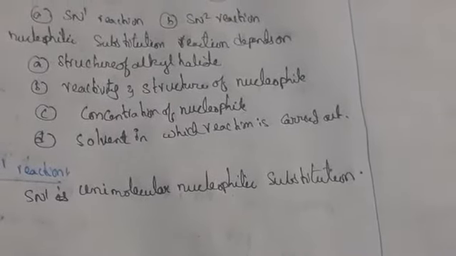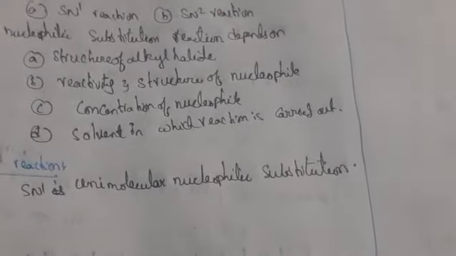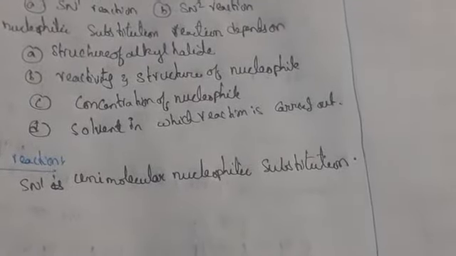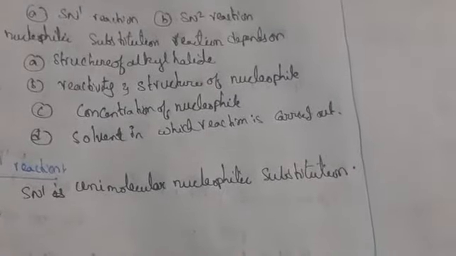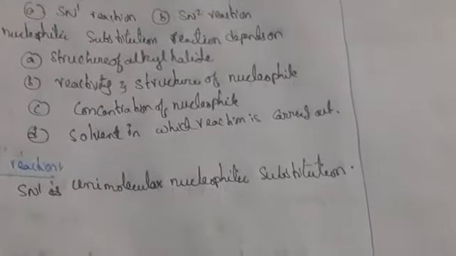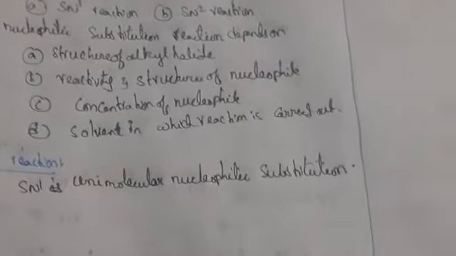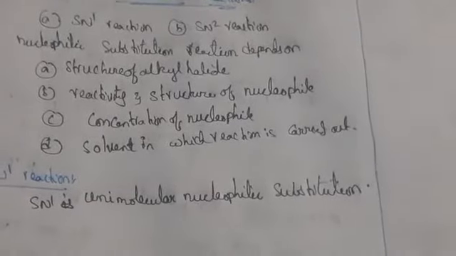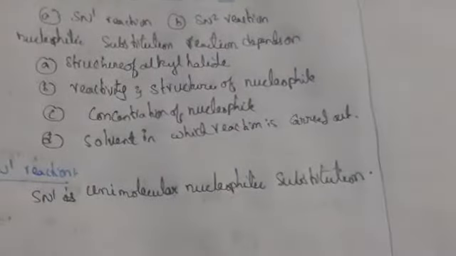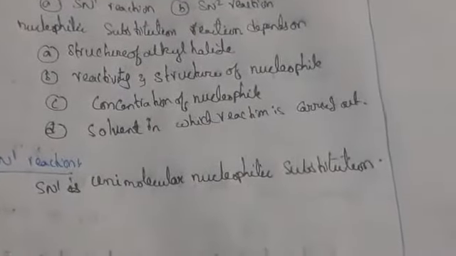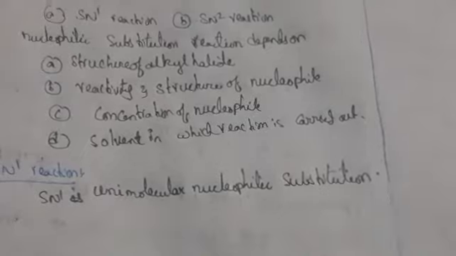In the second step, the carbocation, which is a reactive chemical species, reacts with the nucleophile to give the substitution product. That is fast and does not affect the rate of reaction. So the rate of SN1 reaction depends only on the concentration of alkyl halide and is independent of the concentration of nucleophile.